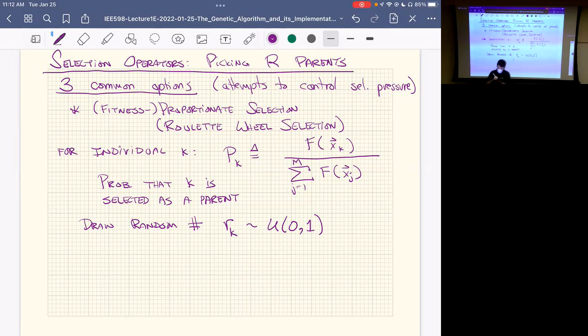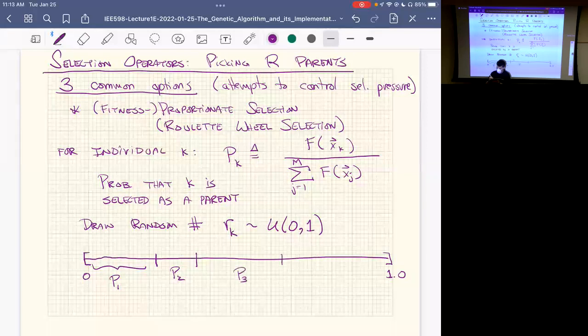We put up a kind of dartboard here, from 0 to 1.0, where each segment of this linear dartboard has a length equivalent to the different P_K lengths. The first length here will be of size P1, then P2, P3 might be larger, P4, P5, and so on.